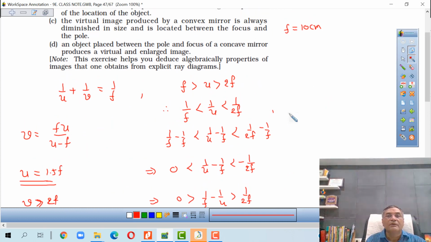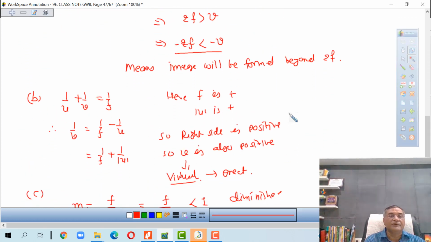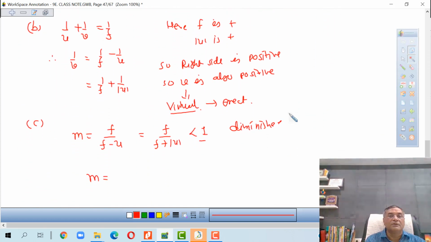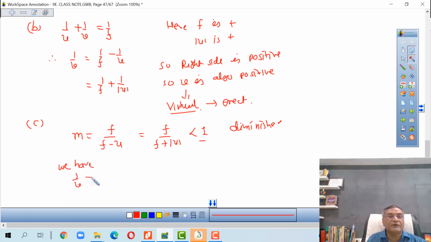Second one is located between focus and the pole. So v, using this equation, we have 1 upon v is equal to 1 upon f plus 1 upon u.